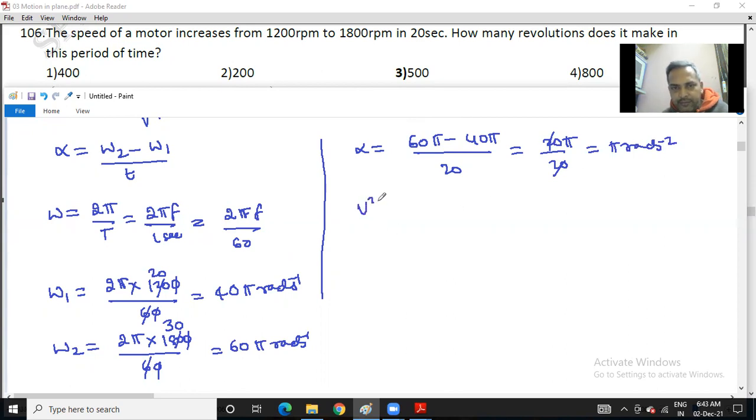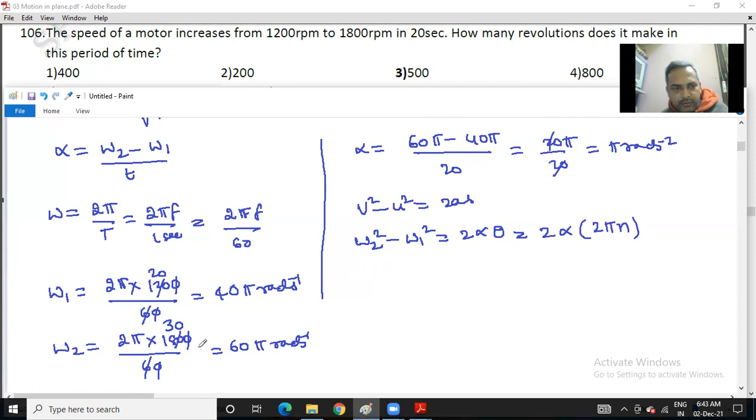Now making use of v square minus u square is equal to 2as, in this concept we can write omega 2 square minus omega 1 square is equal to 2 alpha theta. Once again, we can write theta as 2 pi n, because n is the question now.